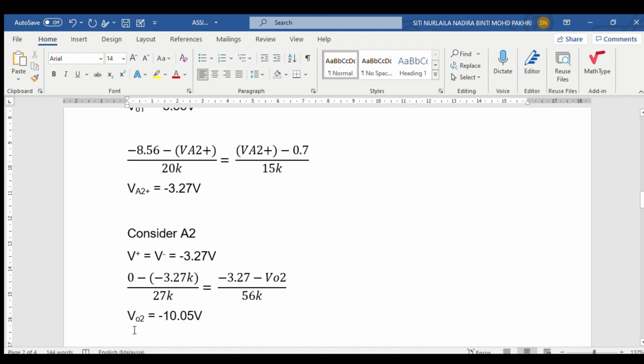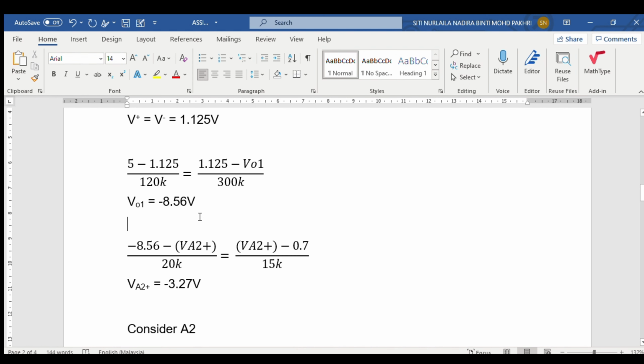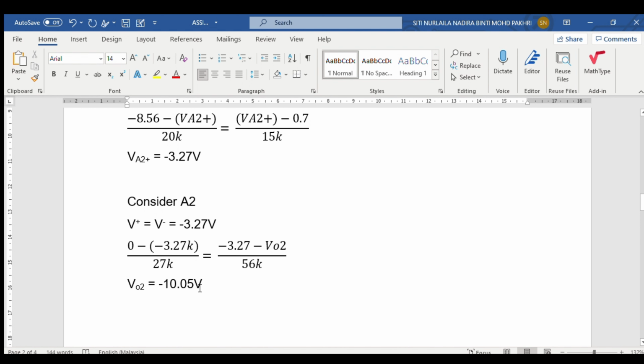The value for V02 is equal to negative 10.05 volt. So the value for V01 is equal to negative 8.56 volt, and the value for V02 is equal to negative 10.05 volt.